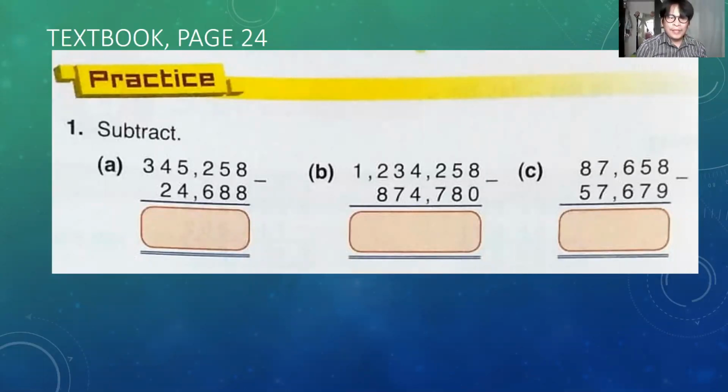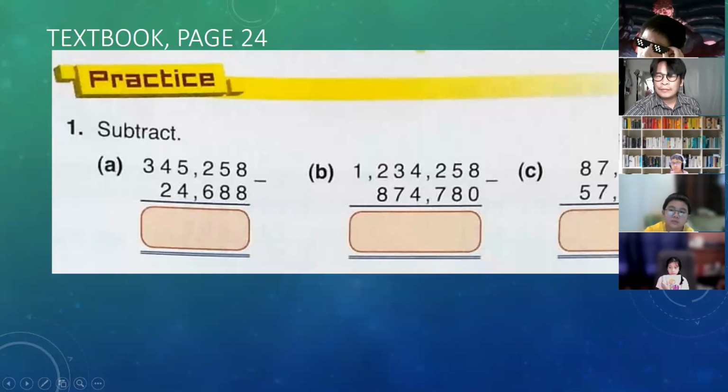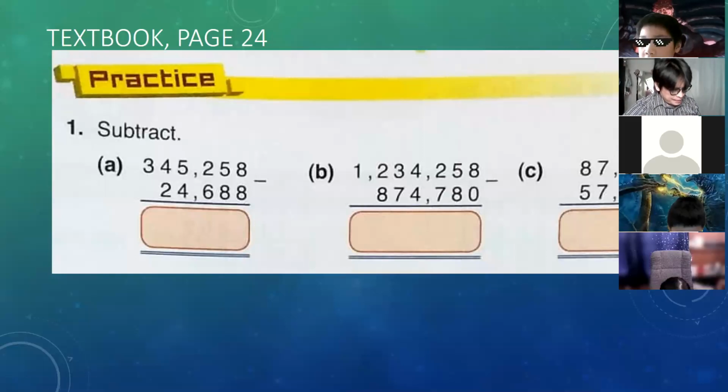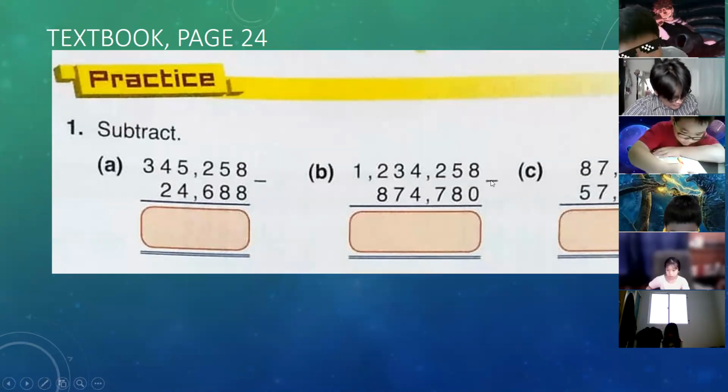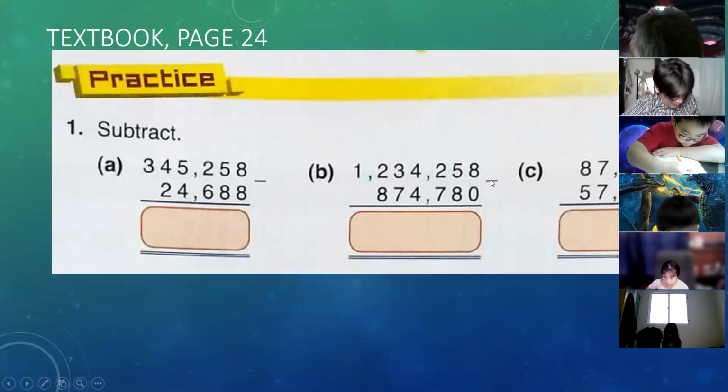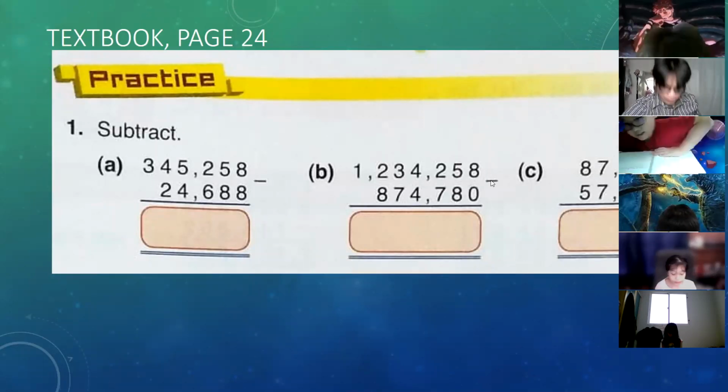Okay, on page 24, everybody get your pencils, start answering practice items on page 24. Timer starts now. Let me see all of you working. Do only A and B, C. A, B, C, D, E. And then if you're finished, you can start also answering number 2, A, B, and then number 3, A, B, and then number 4. It depends how fast you are.